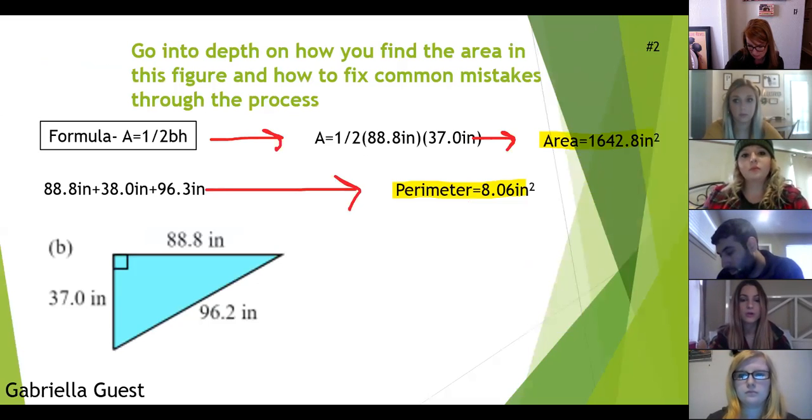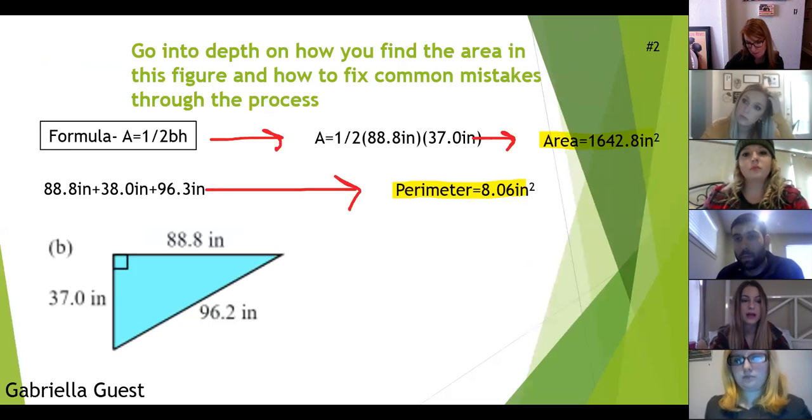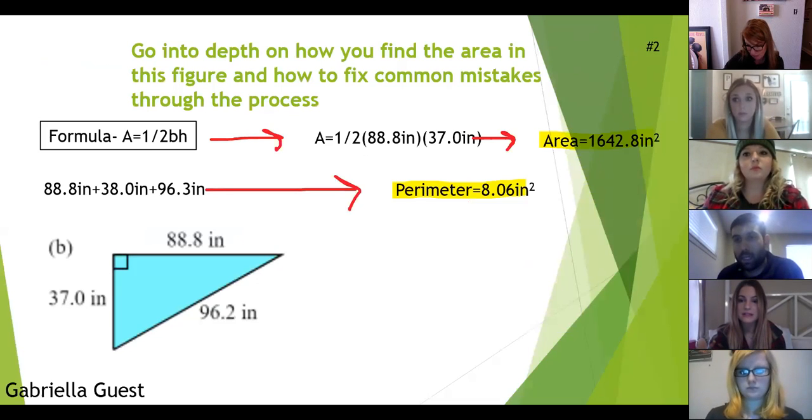So we take 1/2 of 88.8 inches, which is the base, and multiply it by the height, which is 37 inches. And then you get the answer of 1,642.8 inches squared. And to fix common mistakes, you just have to remember to take 1/2 because sometimes people forget.